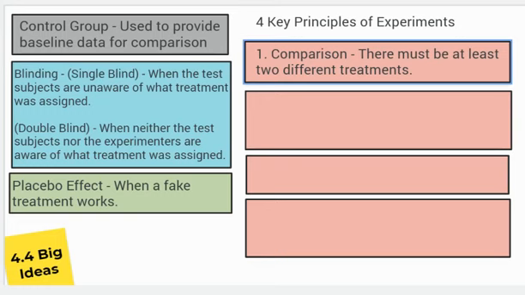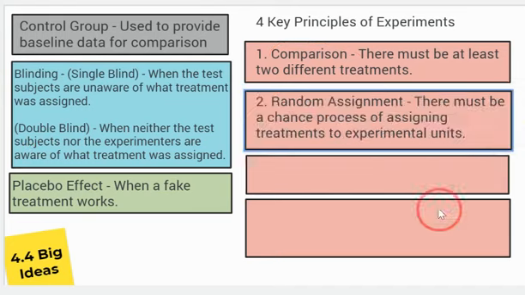So we always have to have something to compare to, whether we have a control group that gets a placebo or some other group, but we have to have some kind of comparison. So there must be at least two different treatments, even if one of those treatments is a placebo, there must be two different treatments in order to make any kind of comparison.